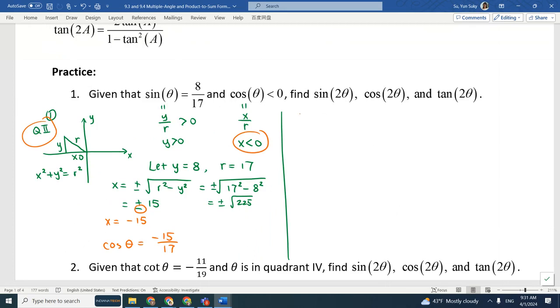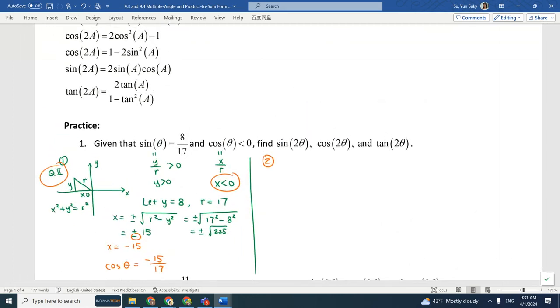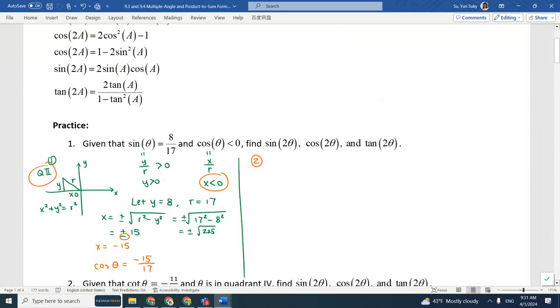All right, step 2. Now we can compute all the double angle. Okay. Sine 2 theta. Do you see we use this sine 2 theta formula? It is 2 sine theta, so the angle A is theta.